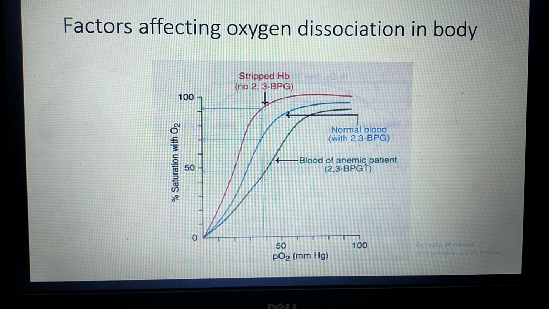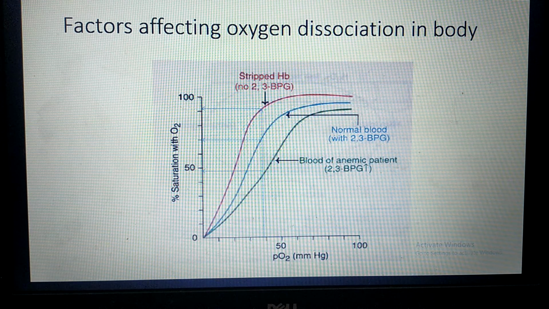Now this is again the same oxygen dissociation curve. In the middle, it shows the O2 dissociation curve in a normal patient when the concentration of 2,3-BPG is normal. But when the concentration of 2,3-BPG increases, for example in anemia or in hypoxia, we have seen that the oxygen dissociation curve shifts to the right or to the lower side.